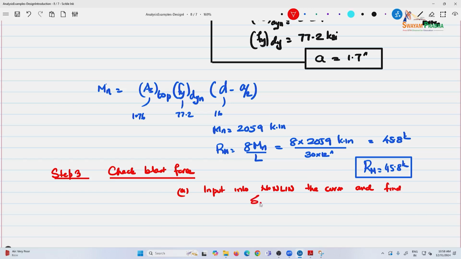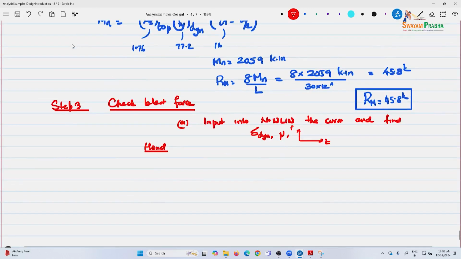You could find delta dynamic, you could find mu, you could find the reaction, the response versus time, the response force versus time history, all these things you can find from there. But let us do some hand calculations just to complete this.